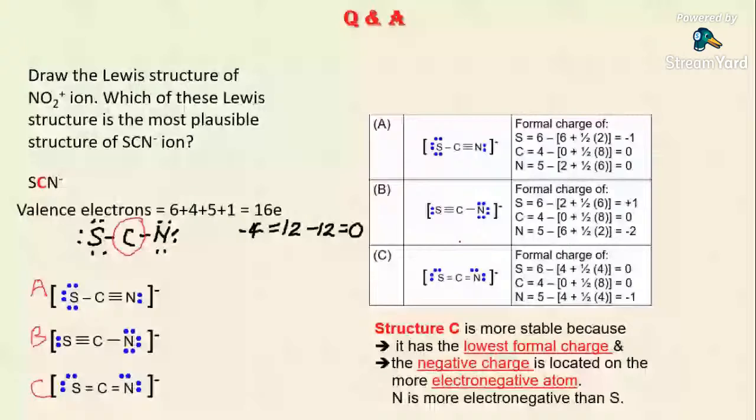Meaning that you want to write down this one +1 here, this one +1, and then the nitrogen is -2, you write over here.